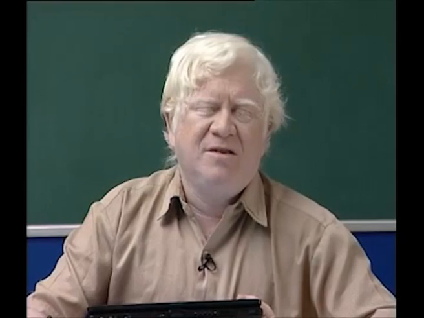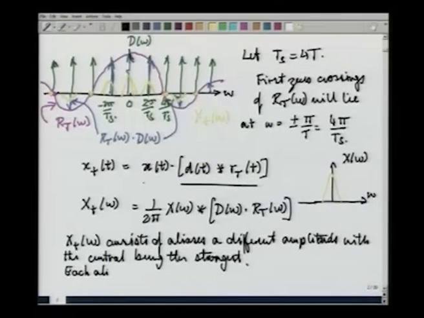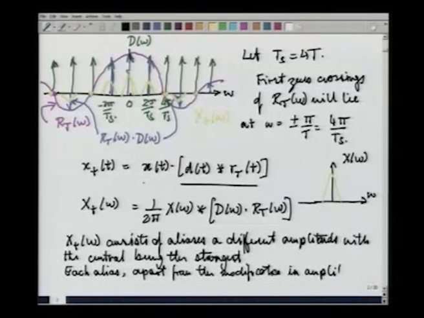A more important observation than this is the following. Each alias, apart from the modification in amplitude, is a faithful replica of X omega.